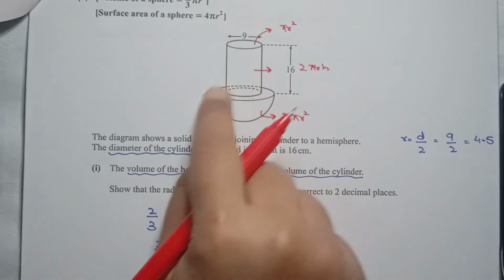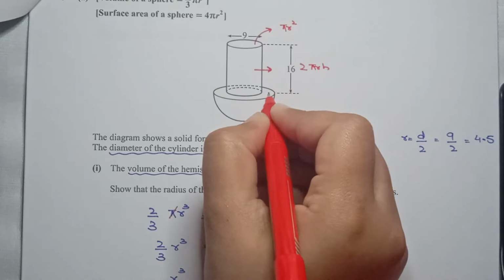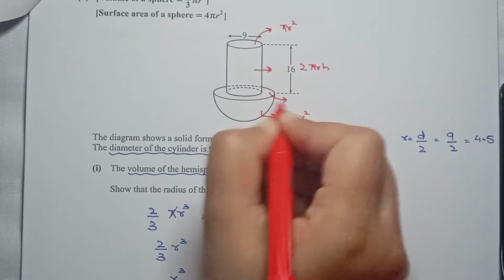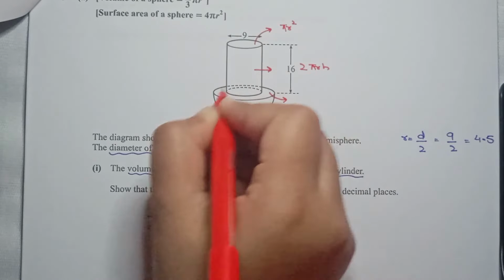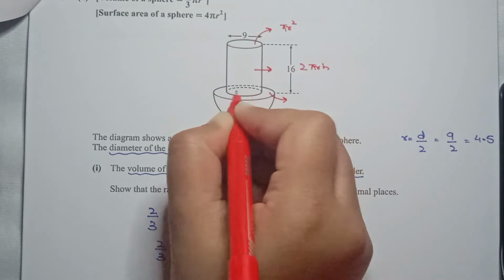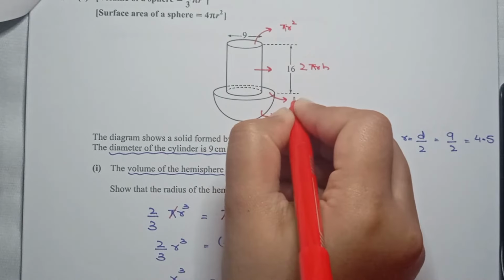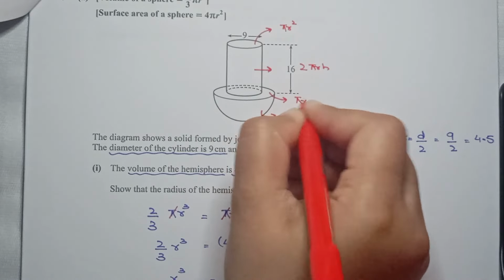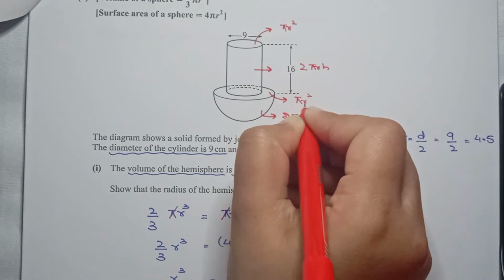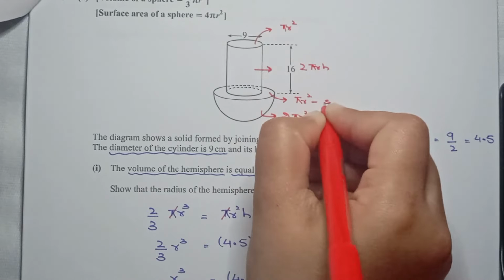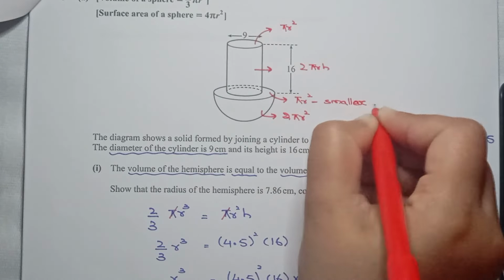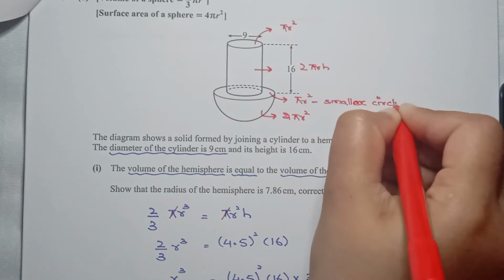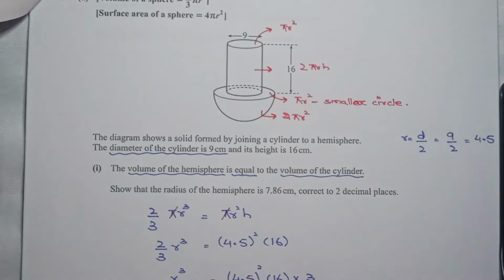And this shape looks like a circle. As you can see, this is the bigger circle, and this is a smaller circle. So we need to subtract that area. The area of a circle, as we know, is pi r squared. This is for the larger, and then we subtract the smaller one. And this would be the total surface area.